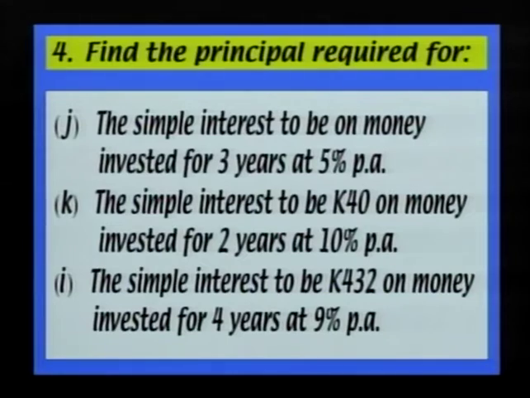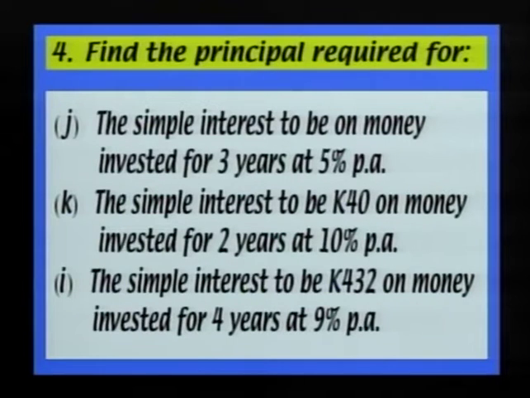Right, number 4, you have to now find the principal required. You need to do letters J, K, N. The other one should be L. All 3, yeah. Or did we do one? No, so letter J. The simple interest to be on money invested for 3 years at 5%.